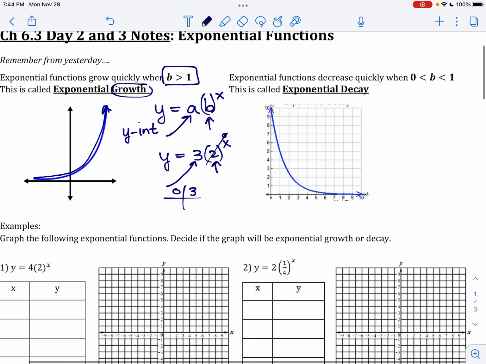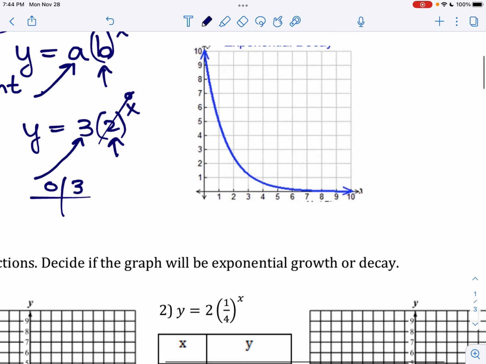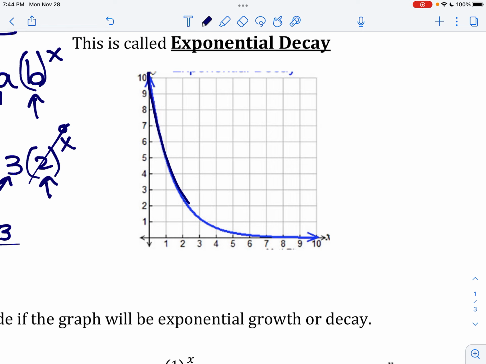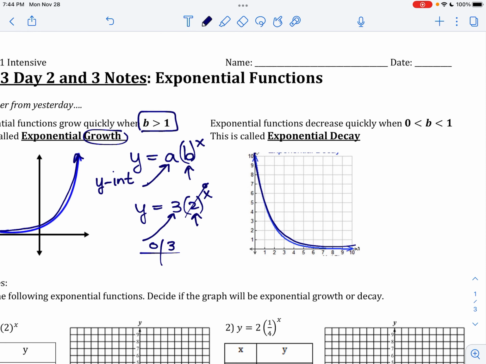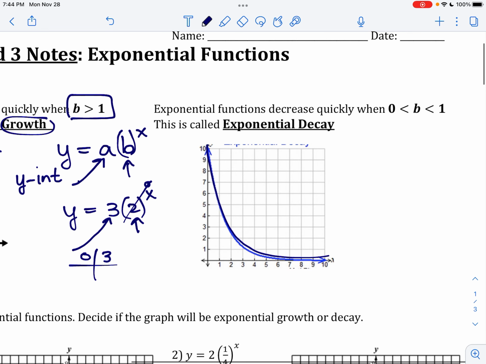Okay, exponential decay. That is where it decreases rapidly and goes very, very close to the x-axis, but it never crosses. Exponential decay is determined by the b value being between 0 and 1. So that's normally a fraction.